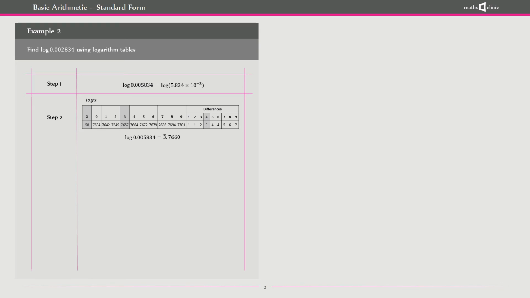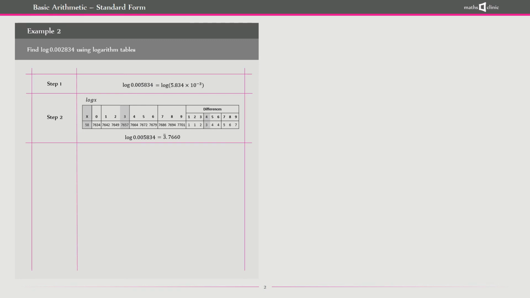So we often write this as bar 3.7660. You don't write this as minus 3.7660 because that would imply that the whole number is negative. But just for logarithms, we have a number that's made up of a negative whole number and a positive decimal number. So that is that.